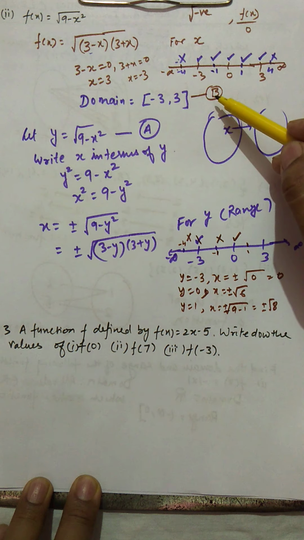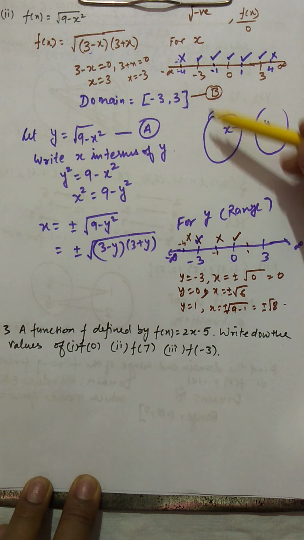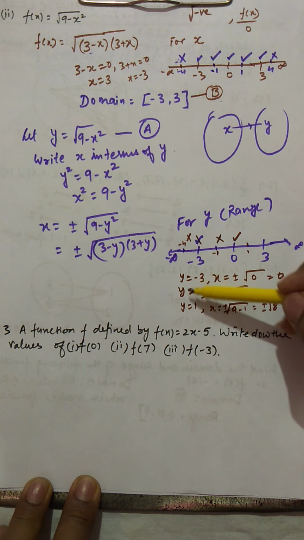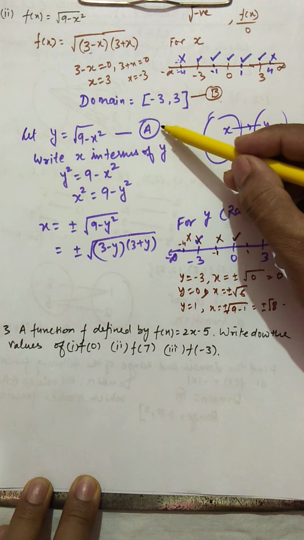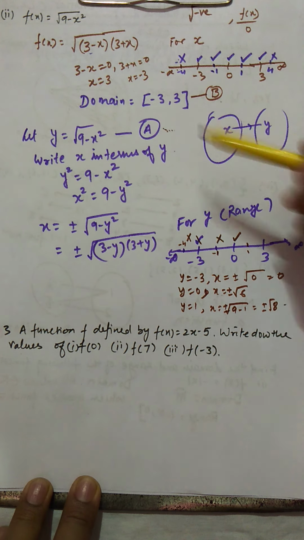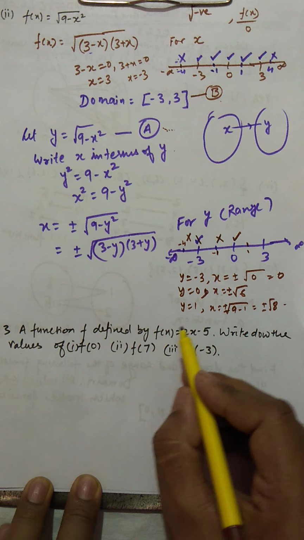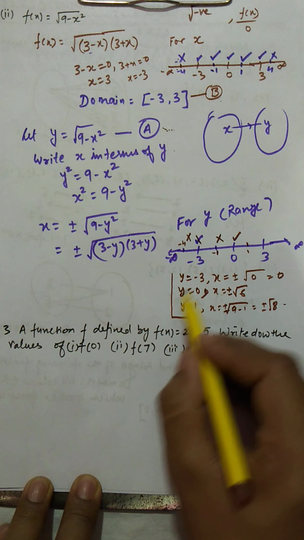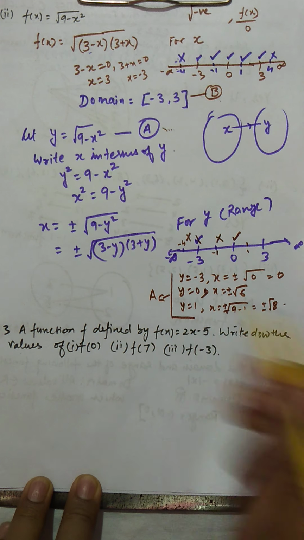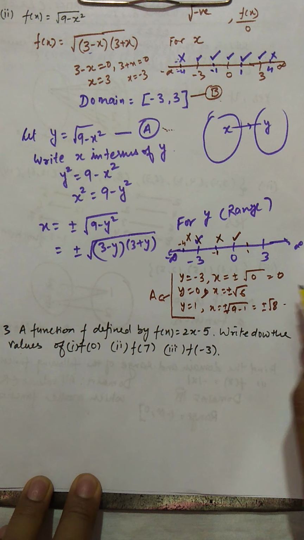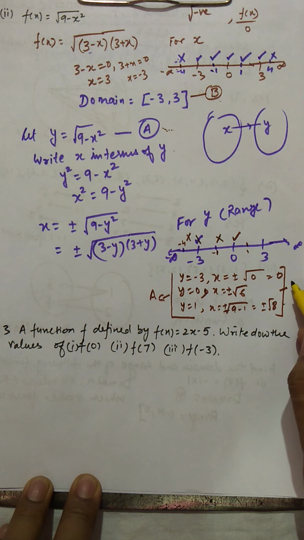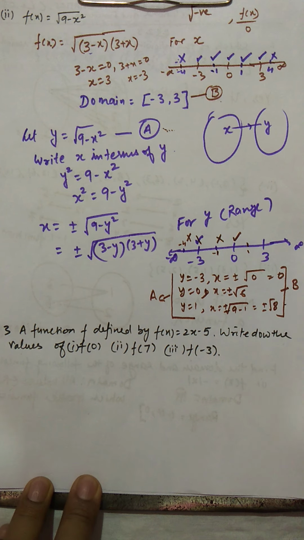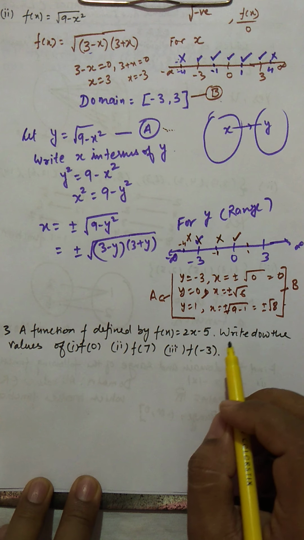Yes, they are in the domain. These values must be in the domain, and they must satisfy this condition also. I'm just highlighting this: this must satisfy condition A, and all these must satisfy condition B. So please take care of these steps very carefully.